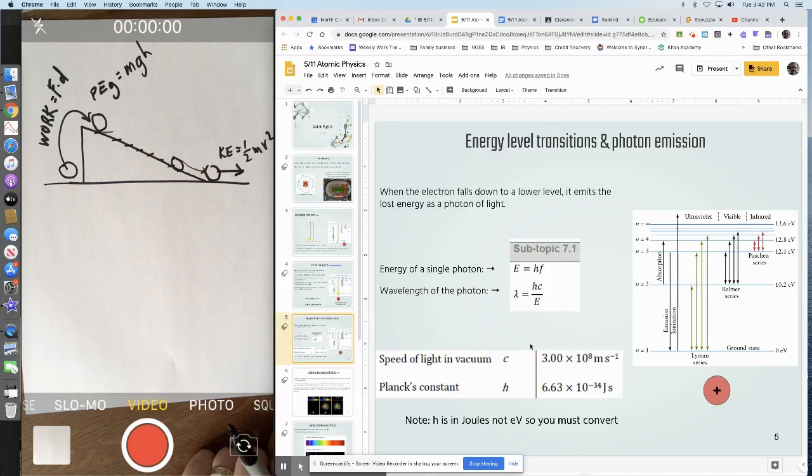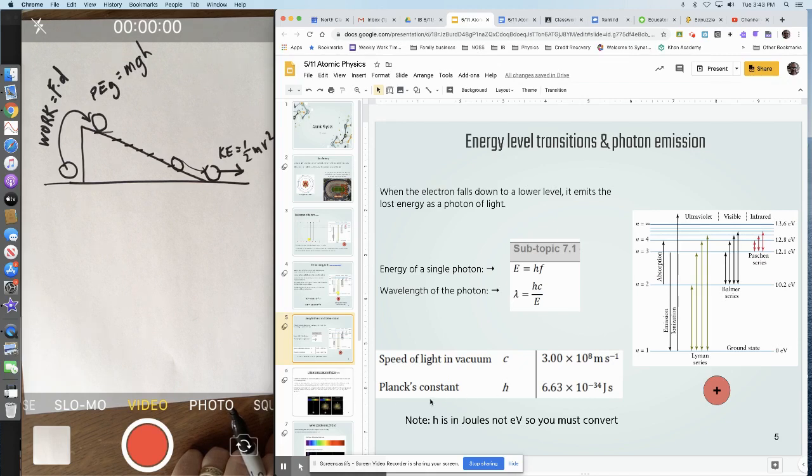I'd like to just jump to this slide here quickly to talk about the energies. We already said the energy of the photon is equal to the difference between the energy transitions. Well, that's E right here. This E is the energy of these transitions, and that E here is the energy of these transitions. One of the tricky parts is the energy transitions are in electron volts in this diagram.